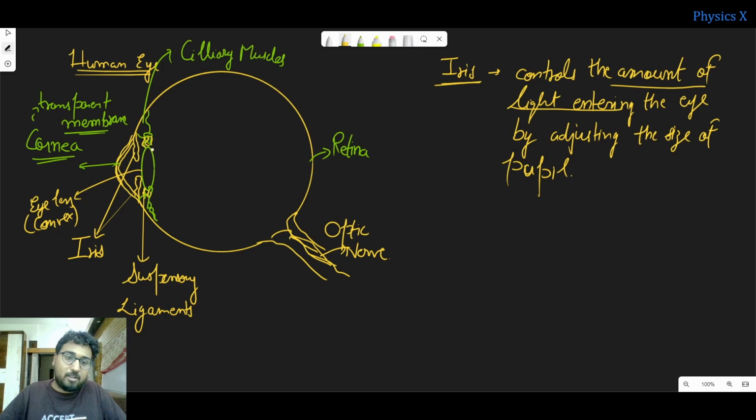By making the pupil smaller or larger according to the ambient light condition.